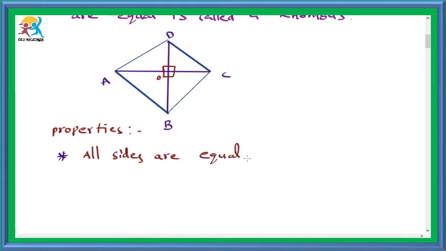Actually, the opposite sides are parallel. We have already learnt that in the parallelogram, so you need not learn it again, because a rhombus is nothing but a parallelogram. So, AB side is equal to BC side is equal to CD is equal to DA, and the diagonals are not equal.